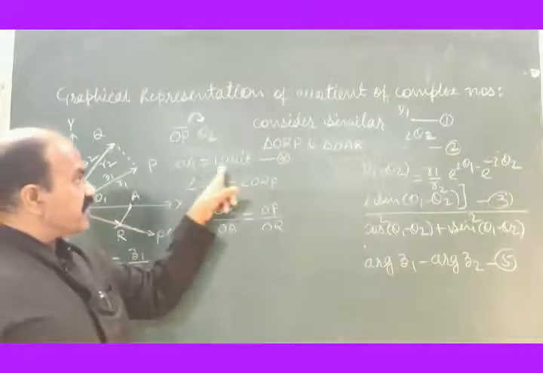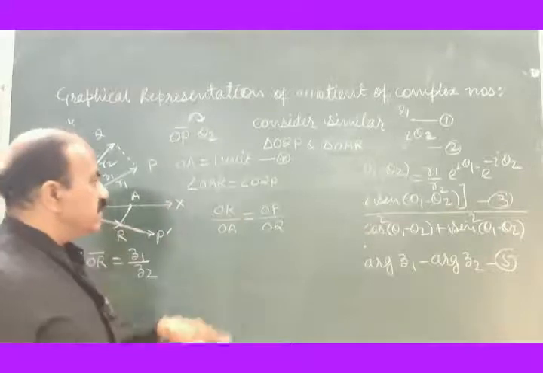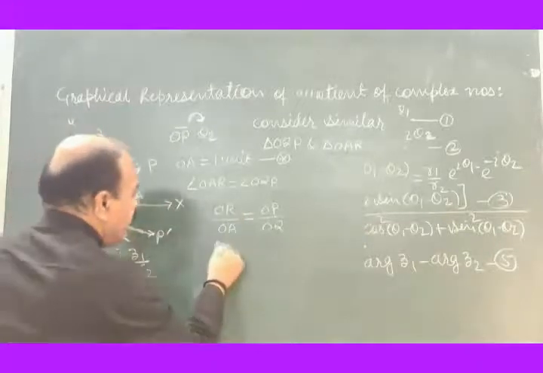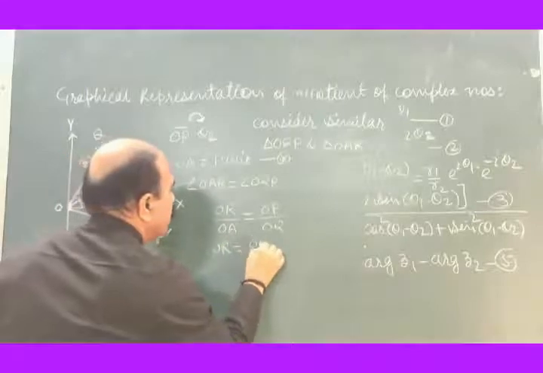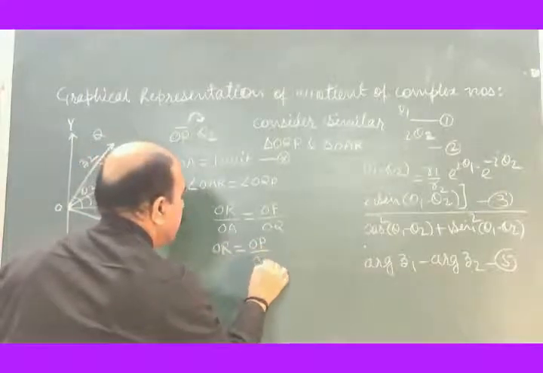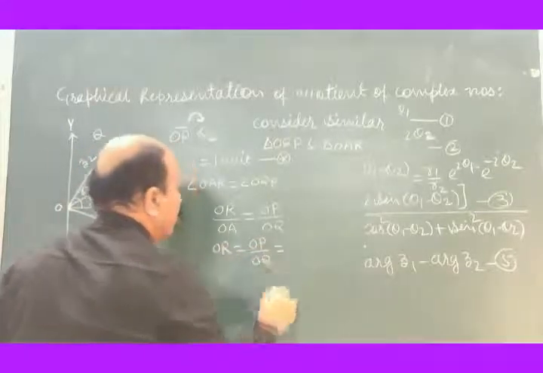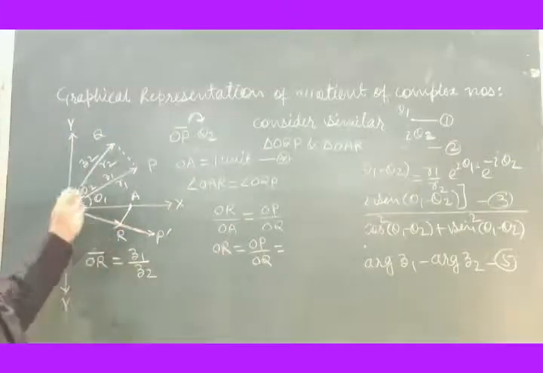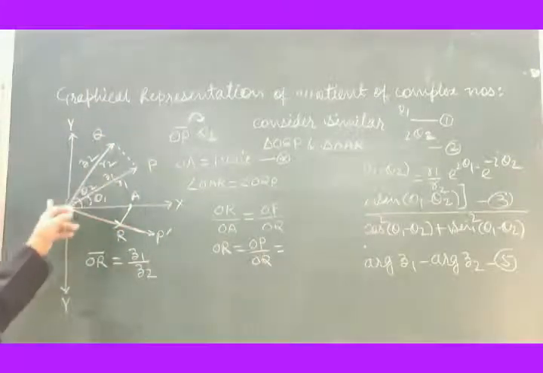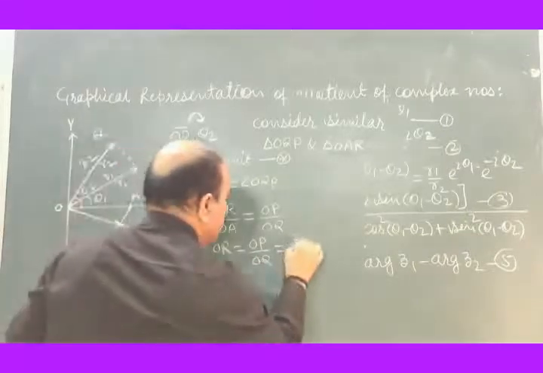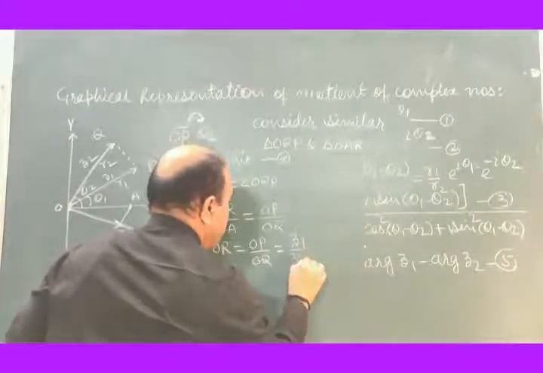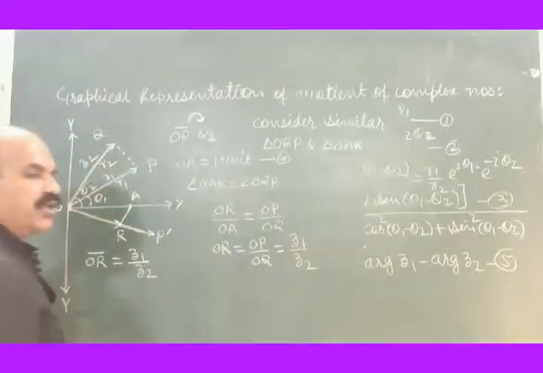But from equation star, OA is 1, and so this equation may further be OR is equal to OP divided by OQ. But what is OP? Z1. What is OQ? Z2. This is nothing but Z1 divided by Z2.